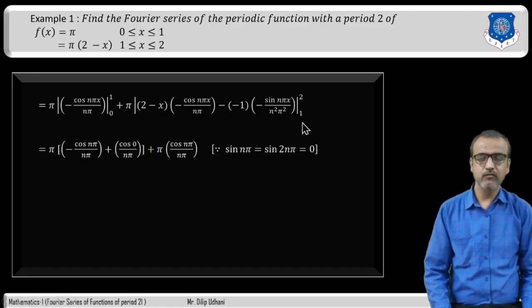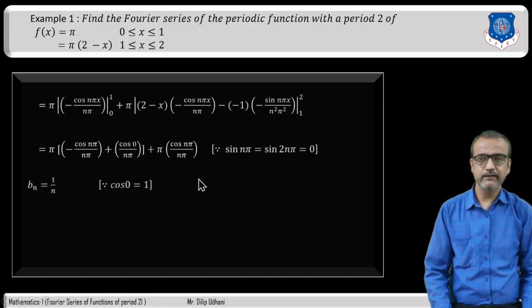Then after for the lower limit 1, 2 minus 1 is 1, and if you replace x by 1 over here, it will become cos n pi, and already we have minus sign outside, so it will become minus minus plus, so the result is cos n pi upon n pi. Now for this term, if you replace x by 1, it will become sin n pi, and the value of sin n pi is 0.